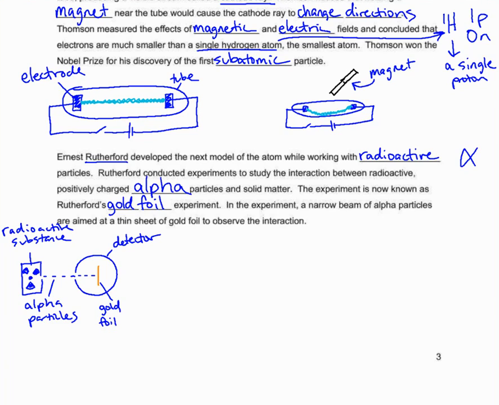So 2 possibilities for the results. So I'm going to draw 2 different scenarios here. Here's the box with the radioactive substance. Here are the alpha particles coming out. Here's the detector.